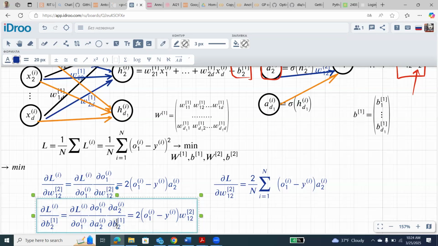A depends on H. So first I will take the derivative with respect to H, and then one more derivative of H with respect to B2. I had forgotten that A is actually a sigmoid function that depends on H, and H depends on B.